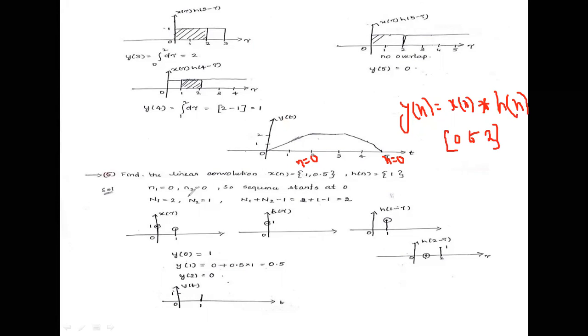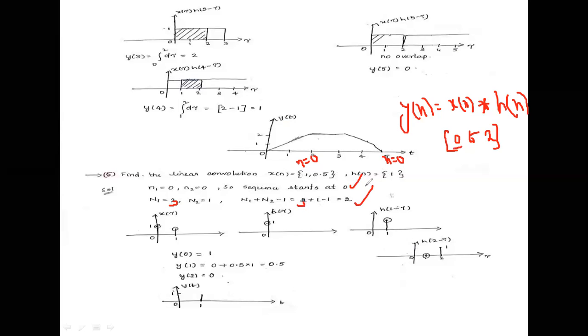Follow me, students. See here, n1 is equal to 3 and n2 is equal to 1, and the formula is n1 plus n2 minus 1. The sequence starts at 0 and ends at 2. How many samples are there in x? 3.